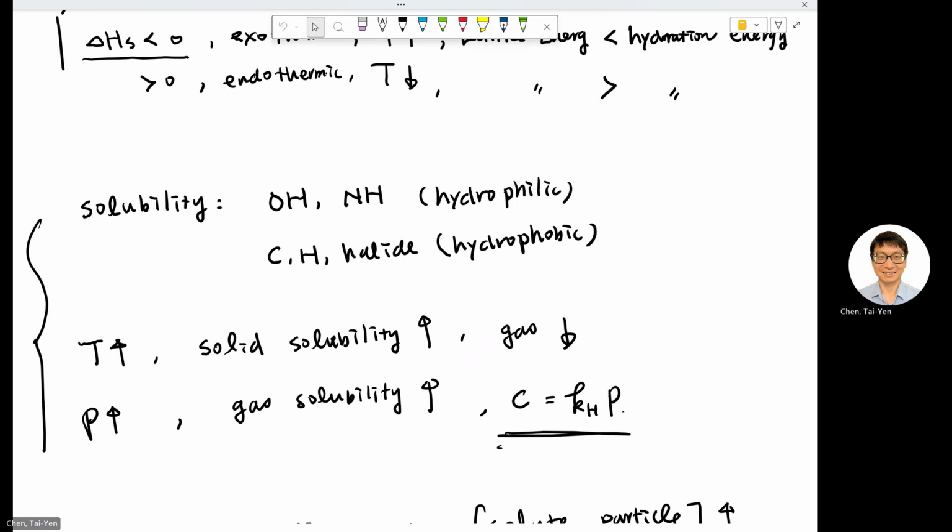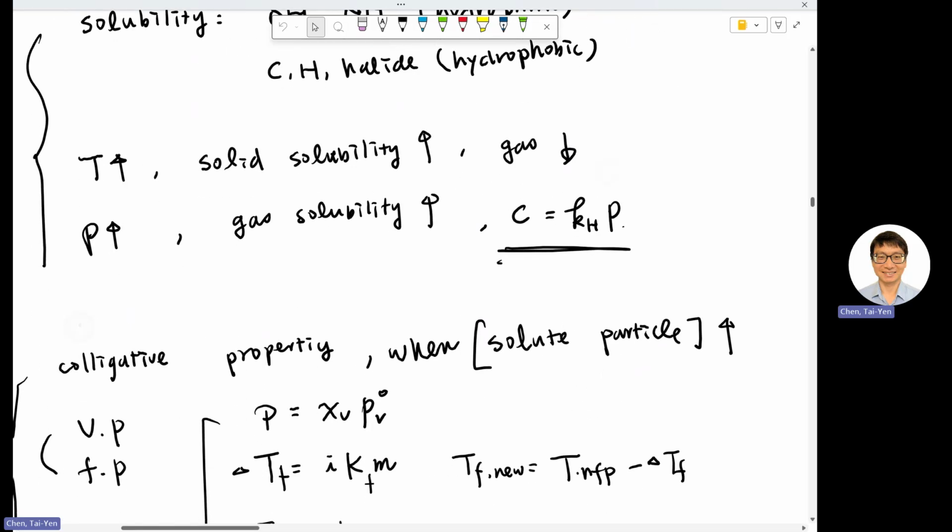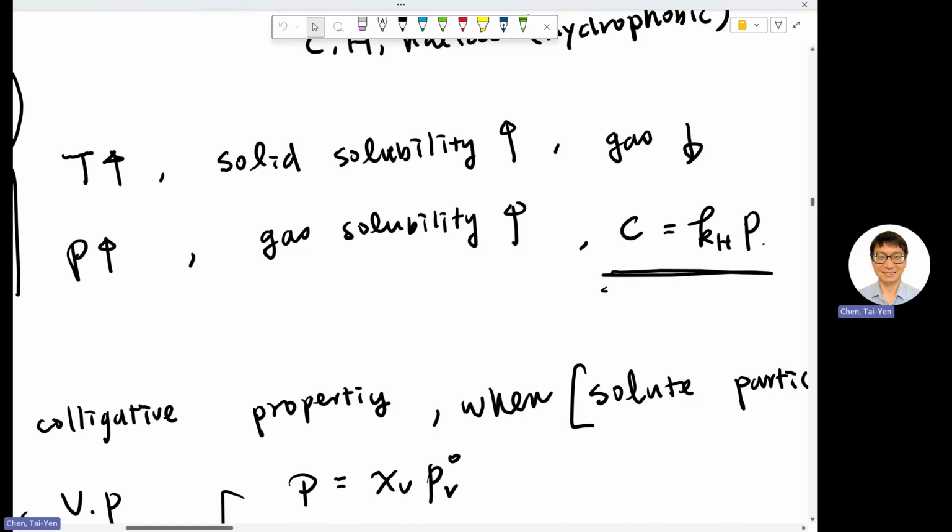Let's move to the third topic, which also has some more things: solubility and its temperature dependence. If your solute is a solid and your solvent is a liquid, increasing the temperature increases the solubility as well.